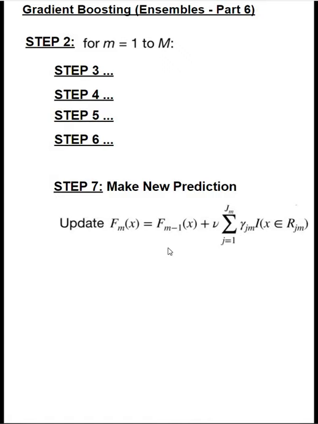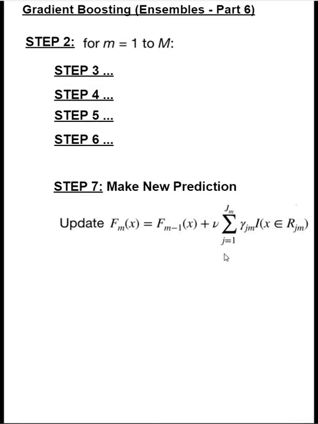So that's how the new model is being put together. That new model is a composition of what the old model learned, plus the residuals or gradients fit by the new tree that we computed in the earlier steps.